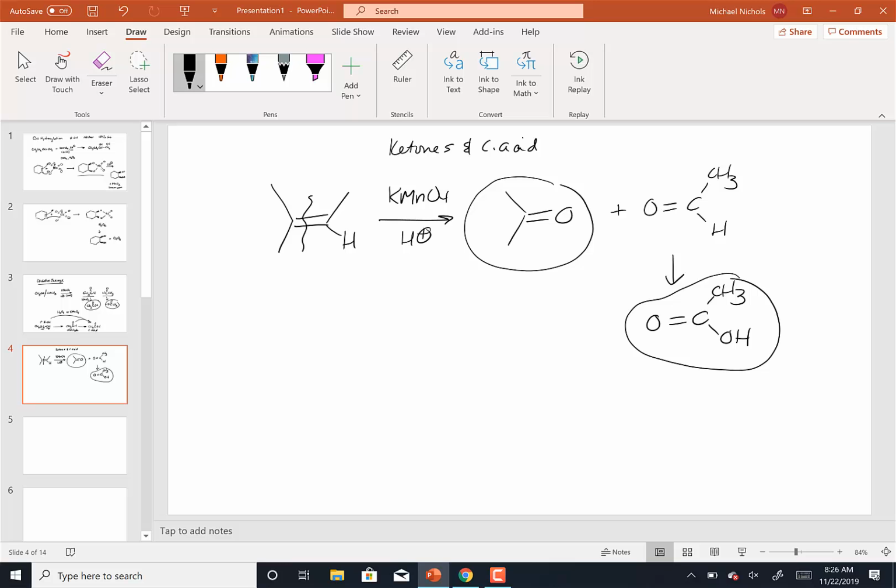For some reactions, it might just make two ketones. For the others, it might make two carboxylic acids. Or you might get a mixture of ketone and carboxylic acid, depending on what your starting molecule is. But we cleave, convert to carbonyls, and then any aldehydes get oxidized up to carboxylic acids.